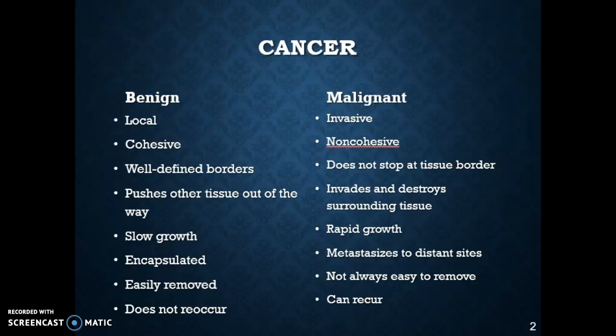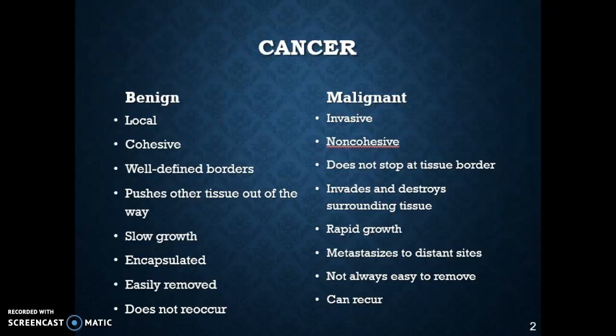Another way to look at those is, does the growth itself look cohesive, all contained in one area with well-defined borders? Or is it non-cohesive, irregular in shape, and doesn't really stop at the tissue border, meaning that it grows in strands and ways out from the center of it?